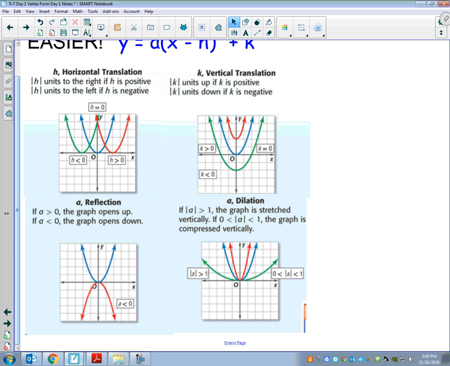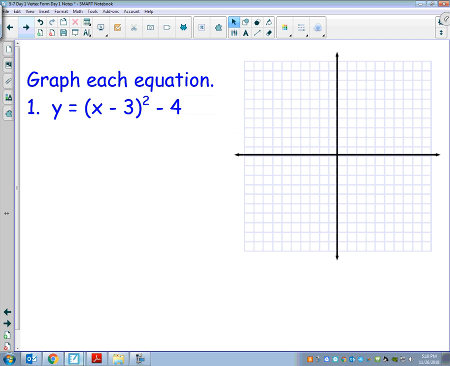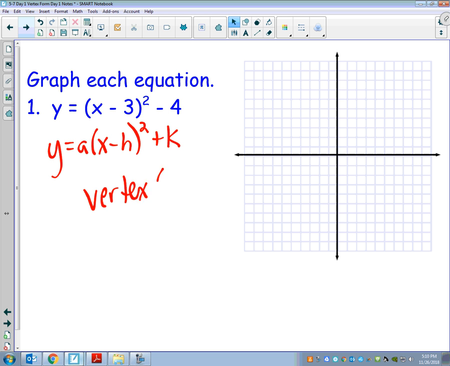It's going to stretch it vertically, which means that we should be able to graph these a lot simpler if they're in vertex form. So let me show you what I mean by that. It says graph each equation. Remember, when we graphed before, we had to find the vertex first, negative b over 2a. But now we don't have to. If you think about y equals a times x minus h squared plus k, our vertex is at (h, k).